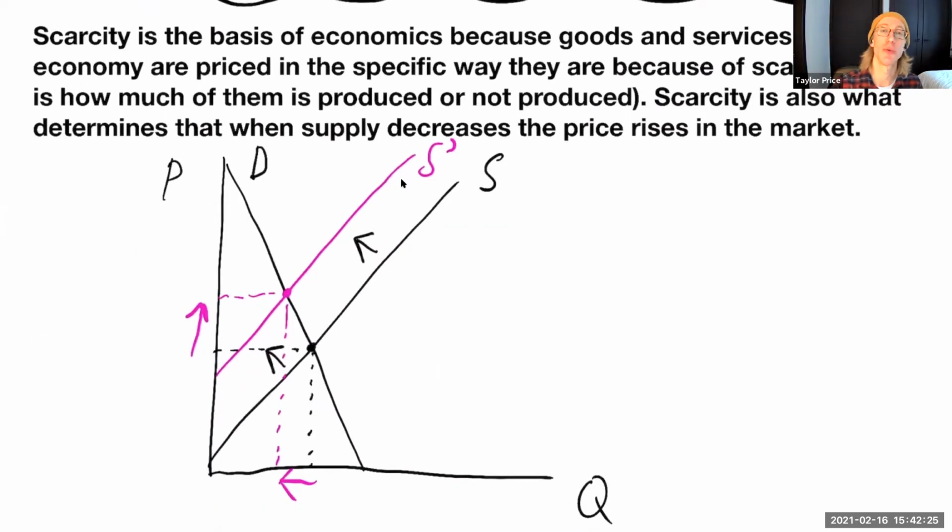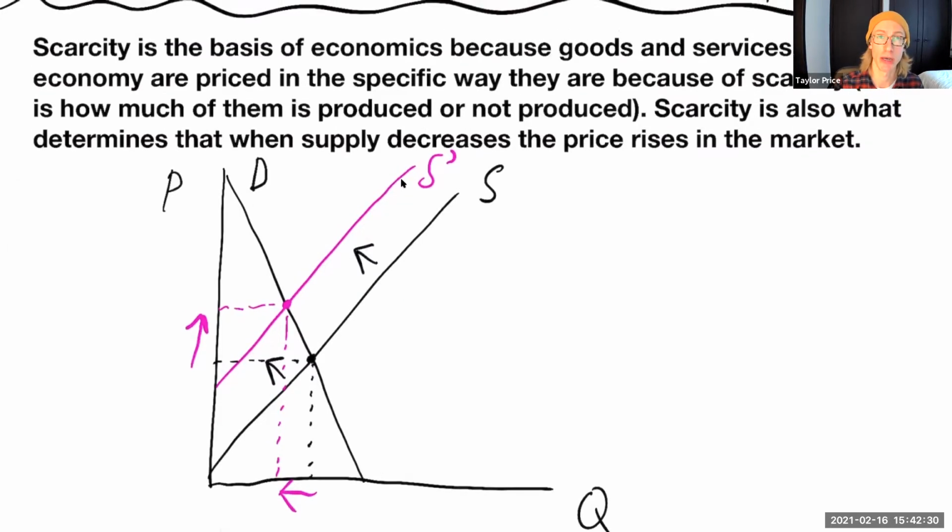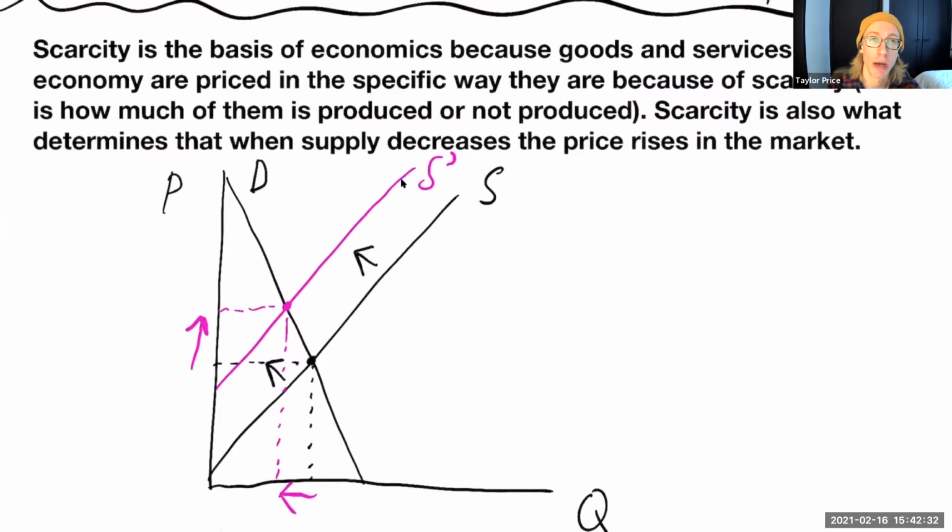Okay, so the next question, actually quite a few questions, are asking about scarcity. Scarcity is really important in economics because goods and services in the economy are priced in a very specific way because of scarcity, because of how much is demanded and how much is produced.